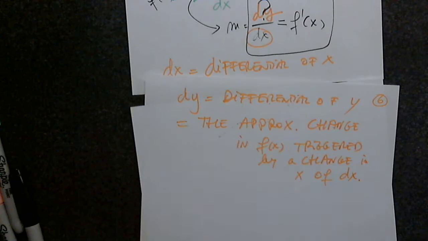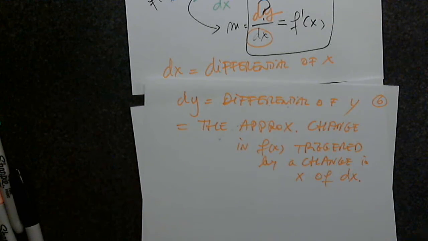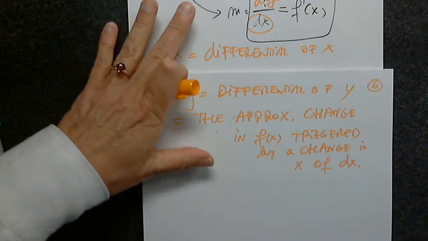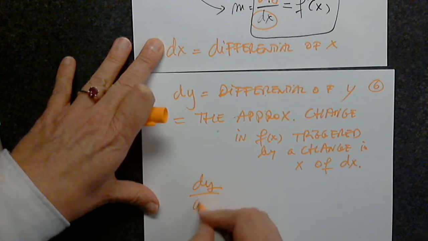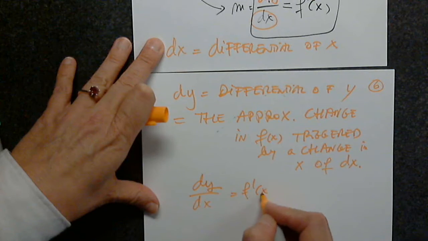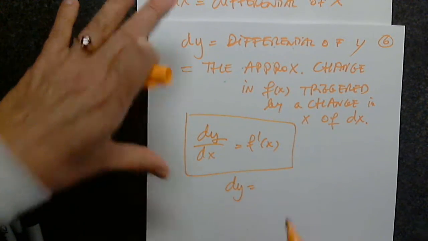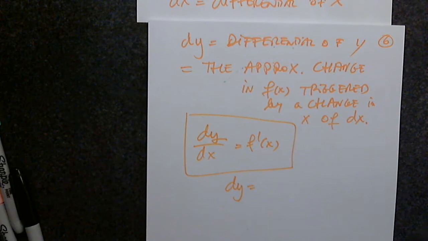Okay, coming back. Where am I? Now, from this equation, dy over dx equals f prime of x, I want you to solve for dy. Because we have a formula for delta y, which is f of x plus delta x minus f of x, we have a formula for dy.